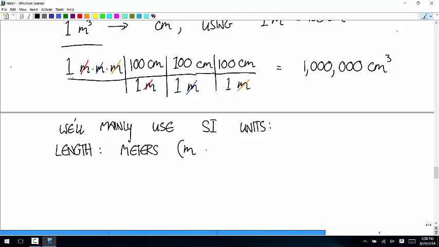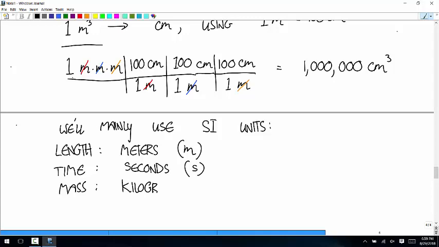And we'll represent that with a lowercase m. The unit of time is seconds. That's lowercase s. And the units of mass are kilograms. And that's lowercase kg.